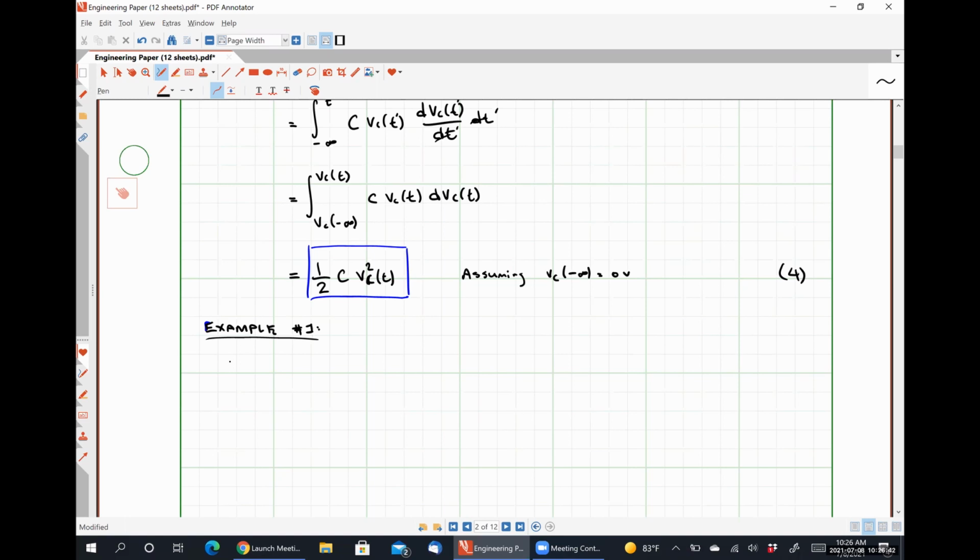Let's say that we have a capacitor having a value of 0.2 millifarads.